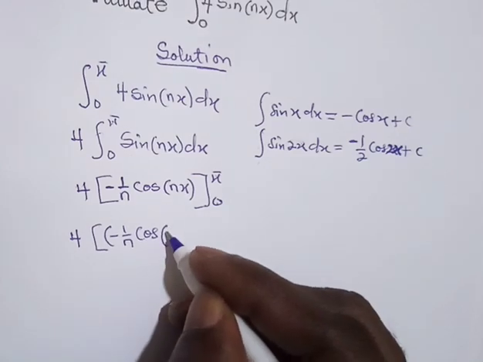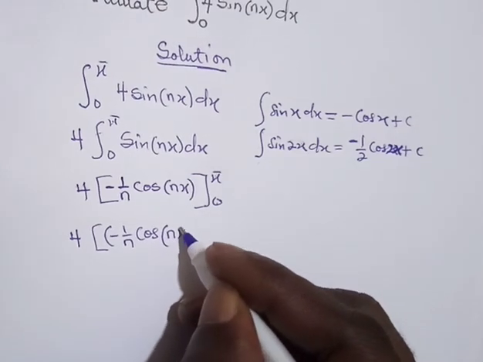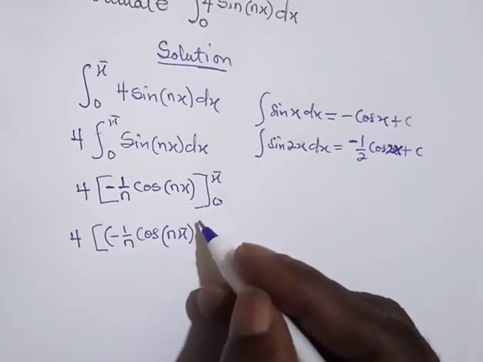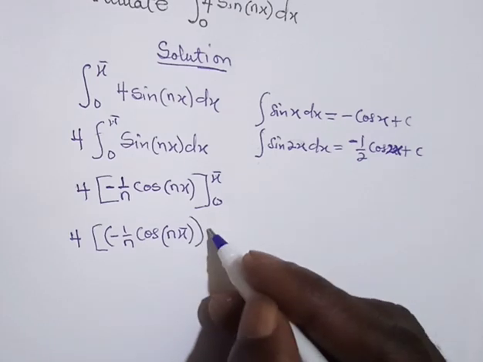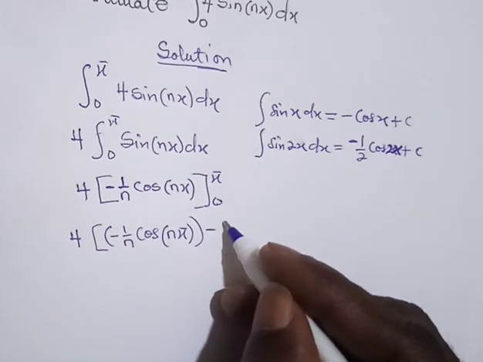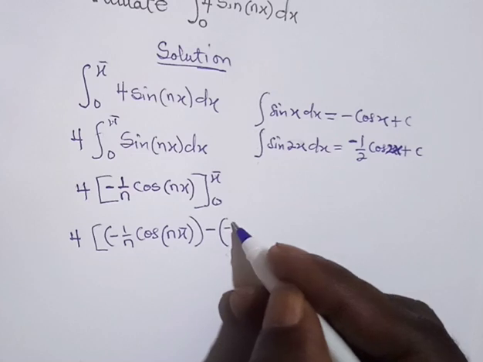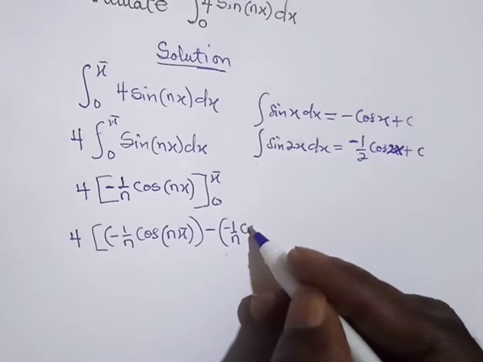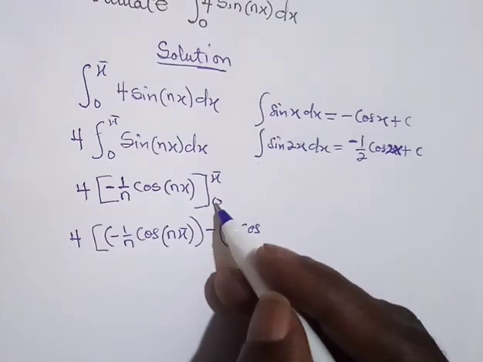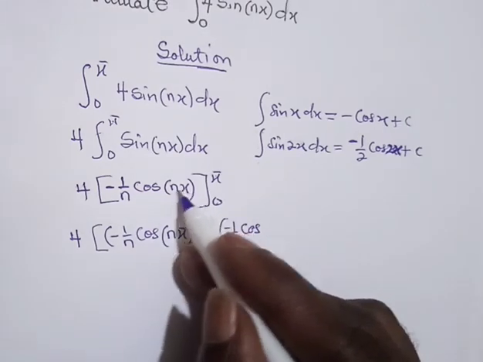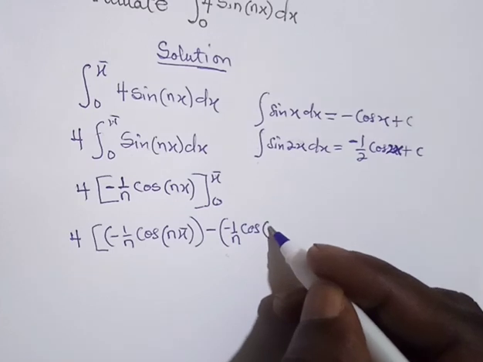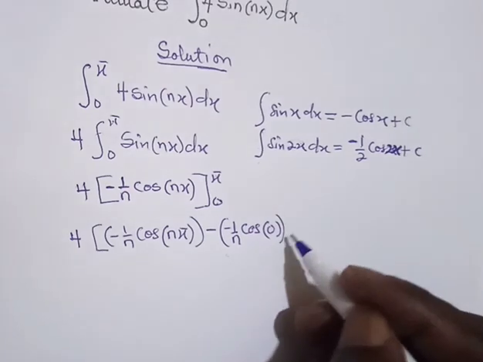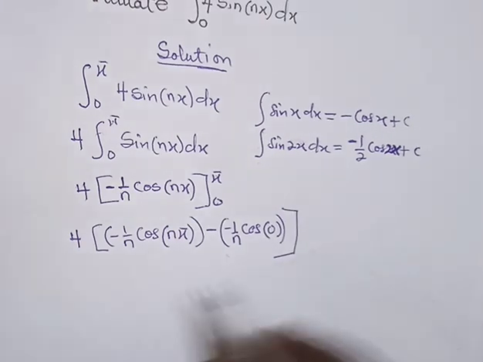So I'll write here n pi. Have you gotten that? Good. So I have this minus negative 1 on n cos, then because I'm putting 0 here, the whole of this will be 0. So it means it will be cos 0.